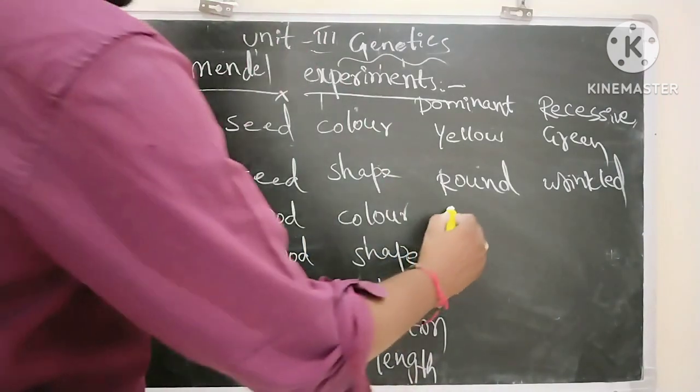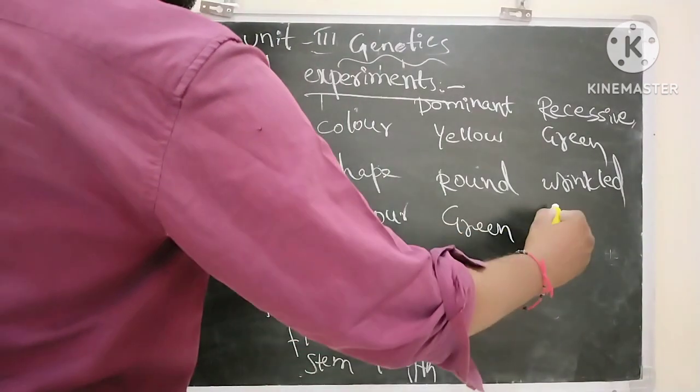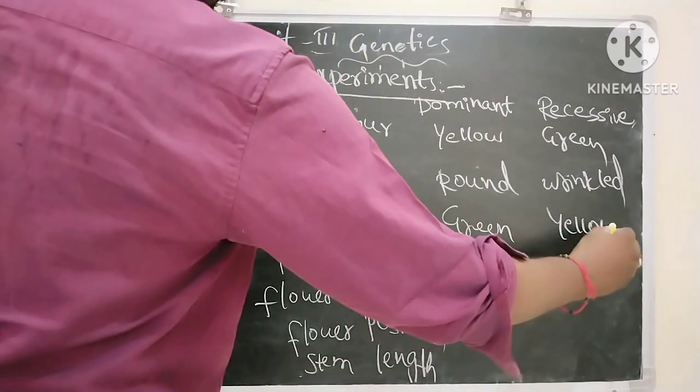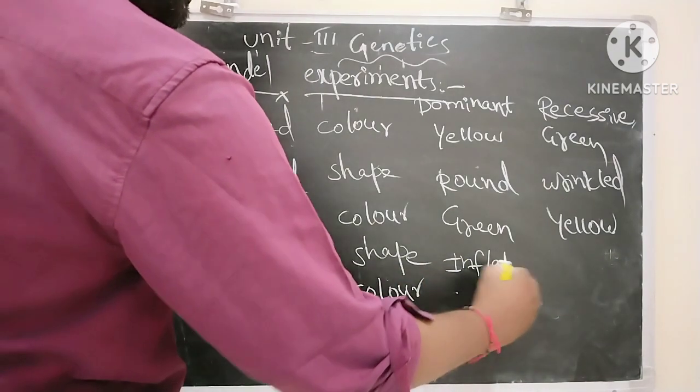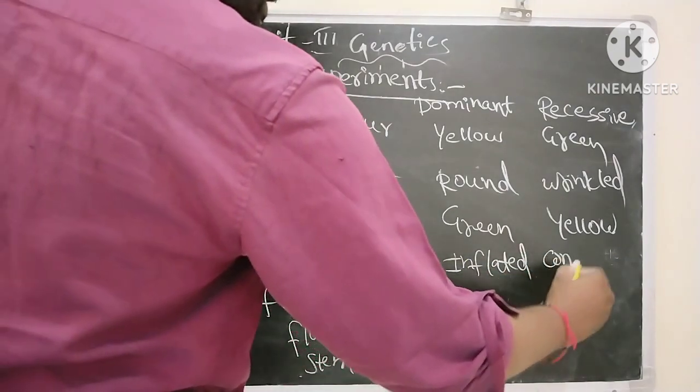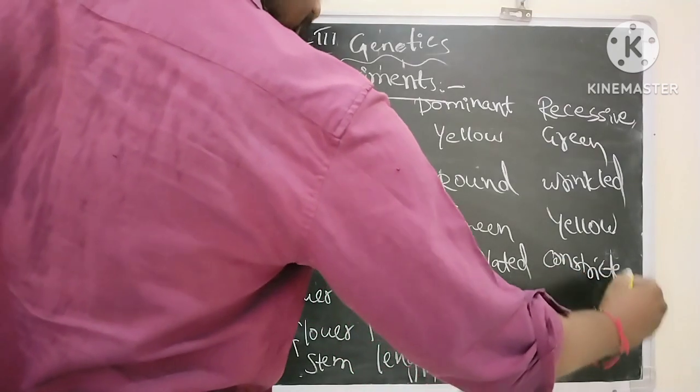Pod color, green is dominant and yellow is recessive. Pod shape, inflated is dominant and constricted is recessive.